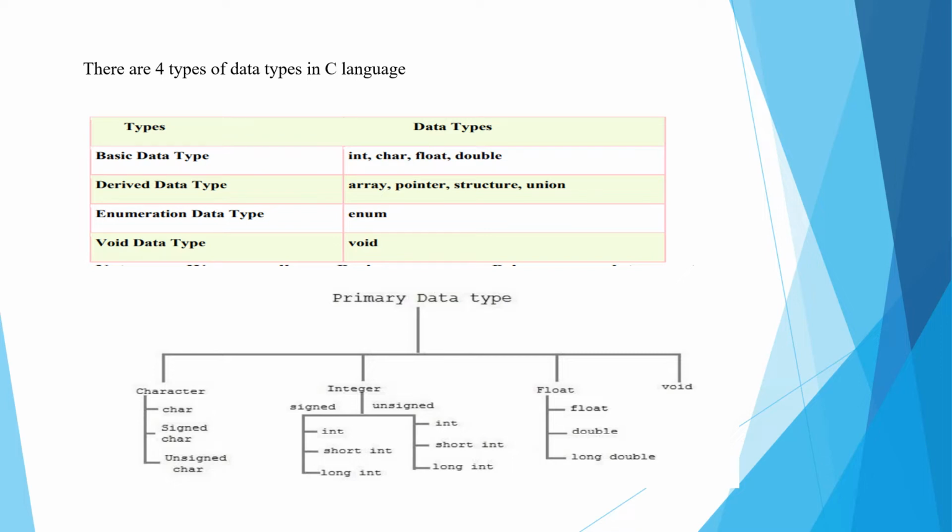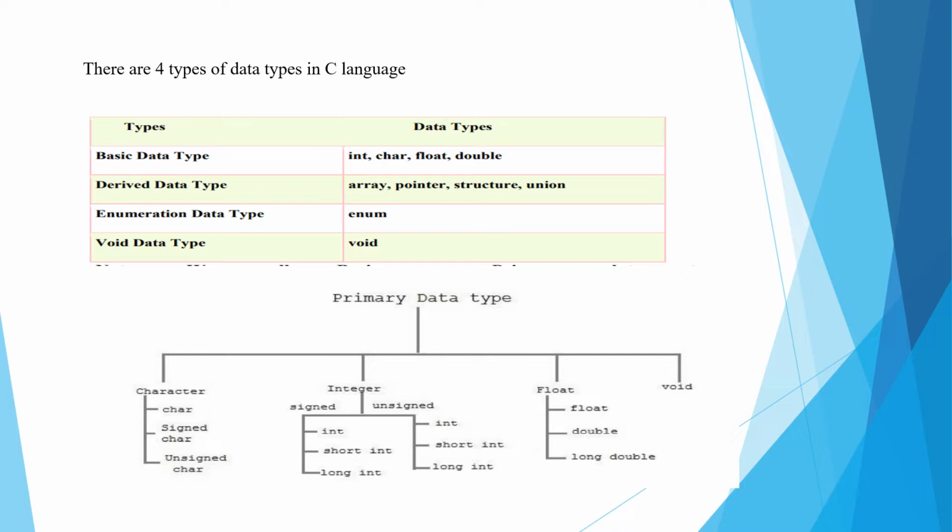The basic data types are int, char, float, and double. These four are the categorization of the basic data types. We can also call them fundamental data types or predefined data types.